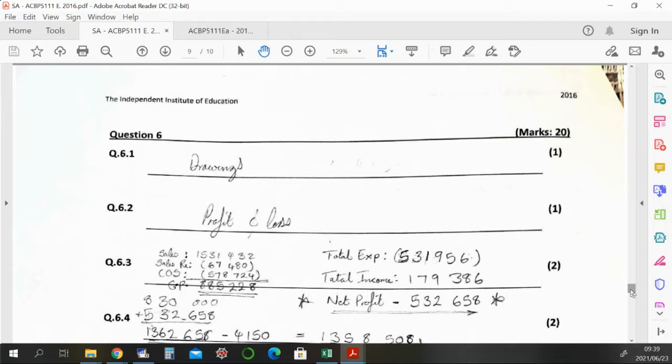Under the required, it says, find the missing cross-references and amounts denoted by question 6.1 to question 6.13 in the T accounts shown below. In your answer book, next to the number, show the workings where applicable and the final answer.